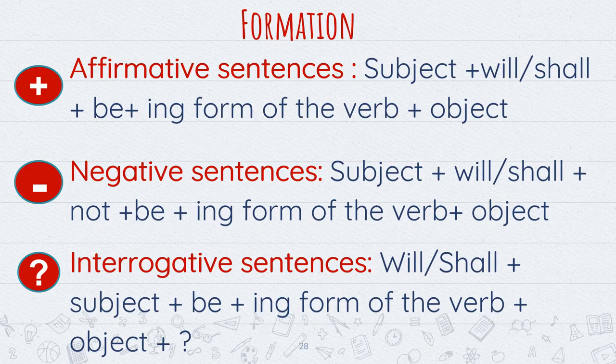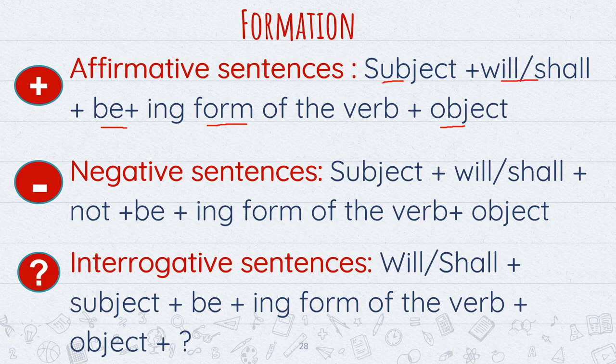Now let's have a look at the formation of future continuous tense. So the formation for affirmative sentences is subject plus will or shall plus be plus the ing form of verb, or we can say V1 plus ing plus object.